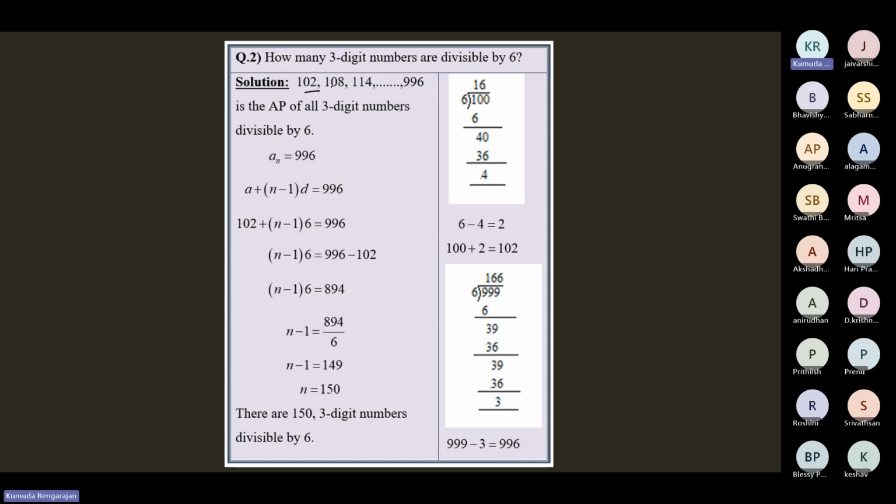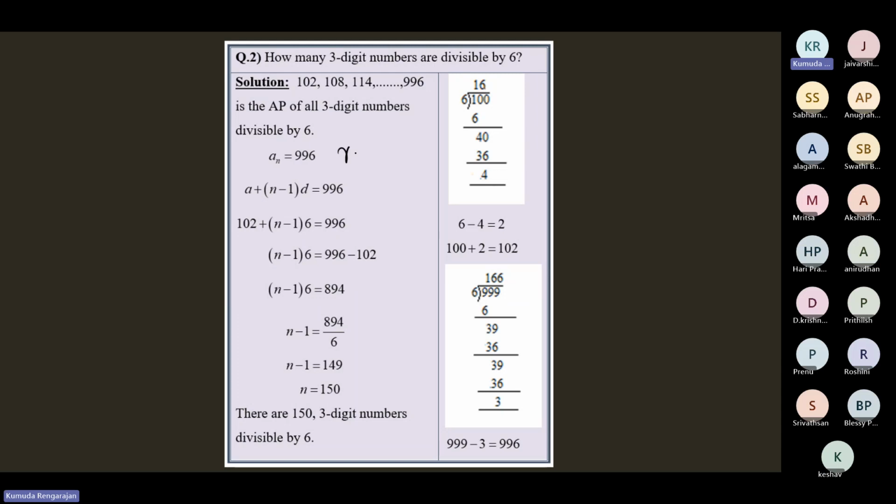So you know the first term, you know the last term. The terms in the middle you can fill in because they are divisible by 6. Simply add 6 to 102, you get 108. Add 6 to 108, you get 114. So the terms in the middle you can generate, but you cannot count from 102 to 996 and say there are 150 numbers. So you have to use a formula.